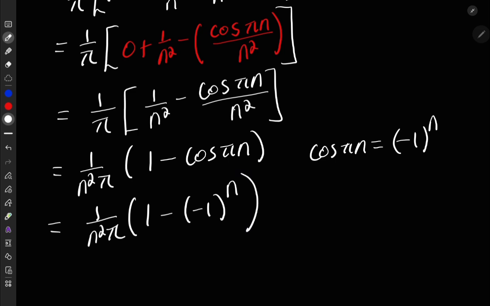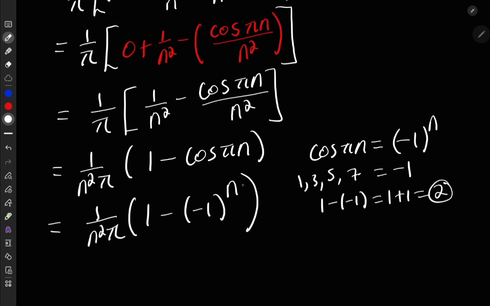And you know that if you put odd numbers here, like 1, 3, 5, and 7, it will just give you minus 1. You can test it. Then it's going to be 1 minus minus 1, which is 1 plus 1, which is 2.